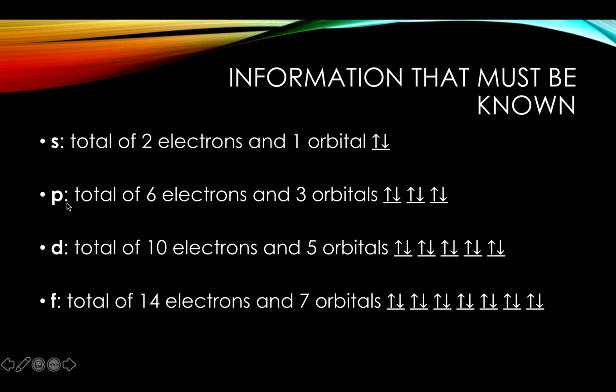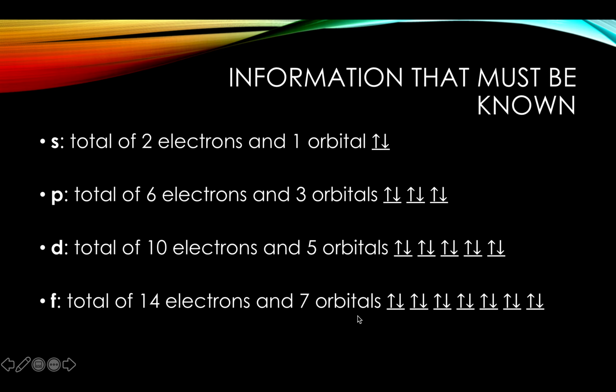For example, the p orbital has 6 electrons. So 6 divided by 2 gives you 3 orbitals, or 3 lines. For d orbitals, there are 10 electrons, so 10 divided by 2 gives you 5 orbitals. The f orbital has 14 electrons, divided by 2 gives you 7 orbitals.